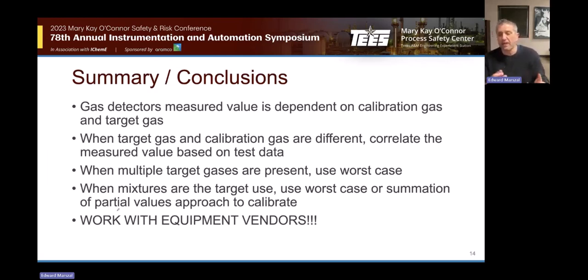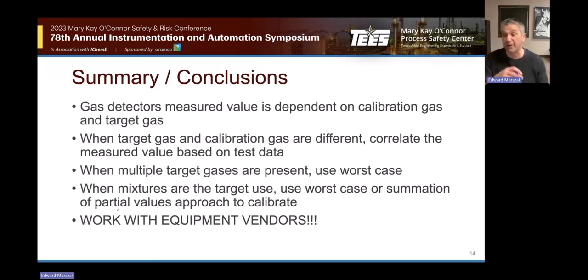You're measuring, in the case of catalytic bead, a millivoltage. In the case of IR detectors, an absorption of radiation. So you need some sort of mechanism to scale what you actually measured to what you want to read.